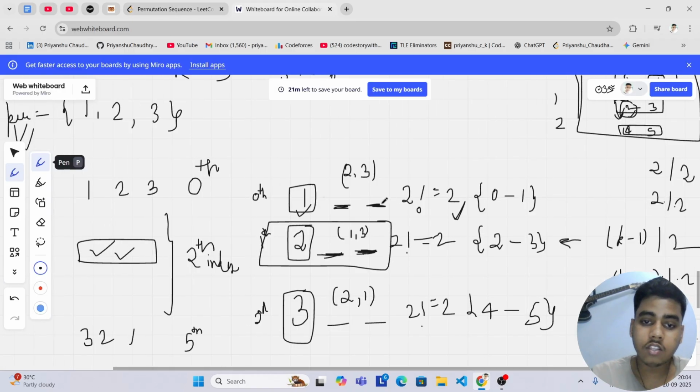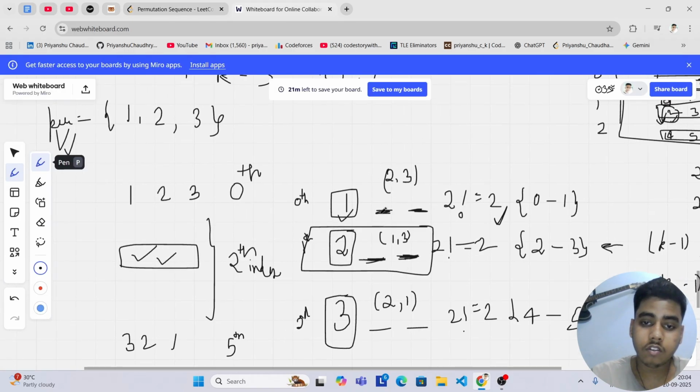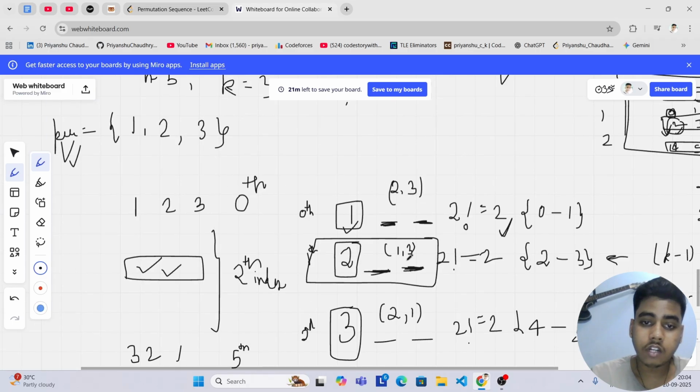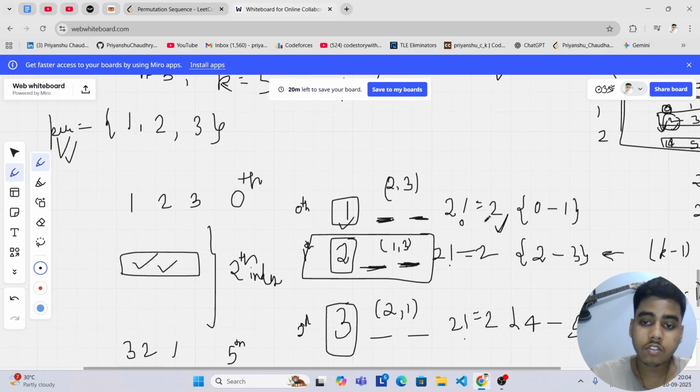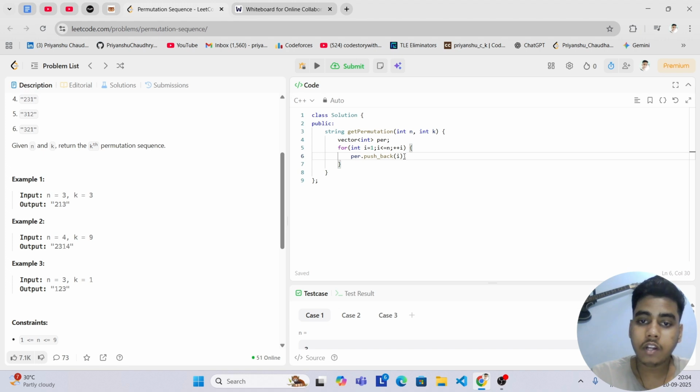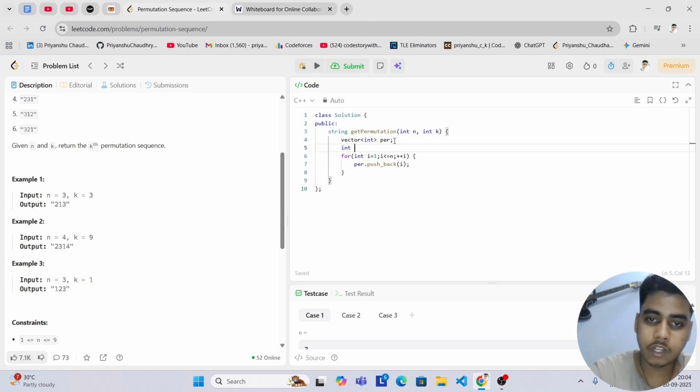So for finding the size of the block, we know that for our first iteration, the size of the block is 2 factorial. So here are 3 elements, and now I have to find the factorial of 2. So I will find the factorial of n minus 1. How can we find the factorial of n minus 1? I can just initialize factorial by 1, and run a for loop.